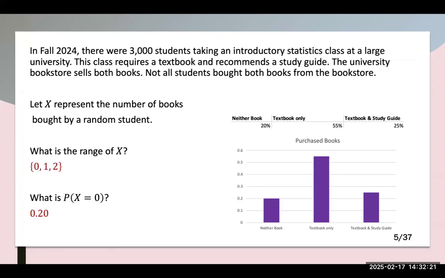So that is the range. As for the probability X is equal to 0, that means that they didn't buy any book, and 20% of the students didn't buy either book. So if I randomly choose one student from the 3,000 students, the probability that they didn't buy a book is 0.2, or 20%.